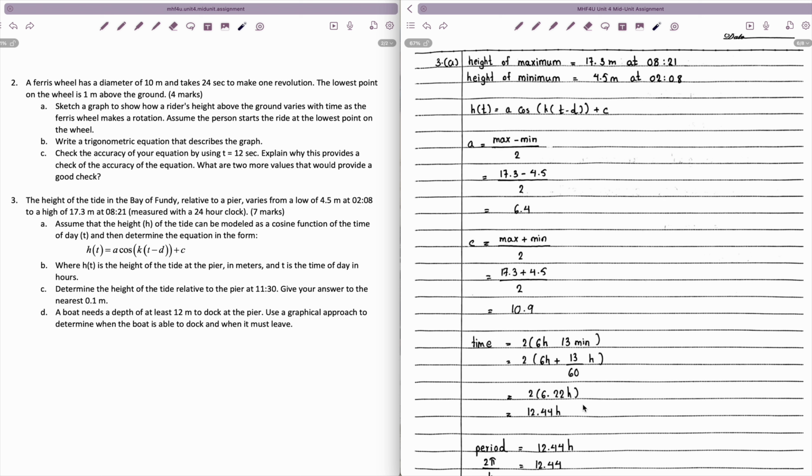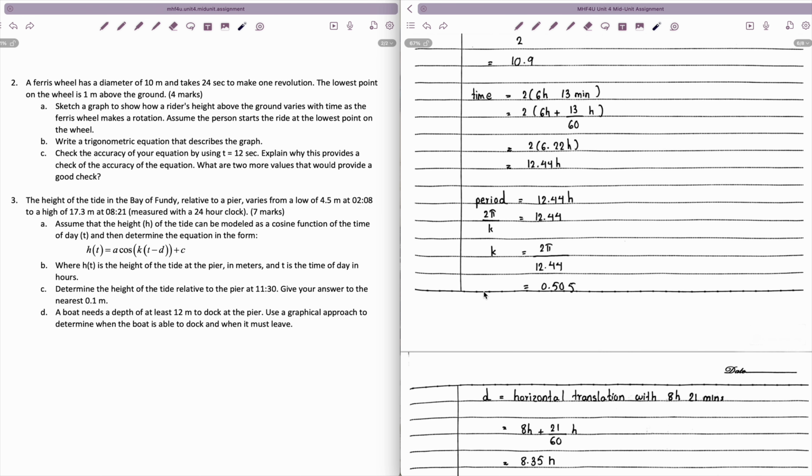The time from low tide to high tide is 6.22 hours, which is half of the period, so we multiply by 2. So the period is 12.44 hours.